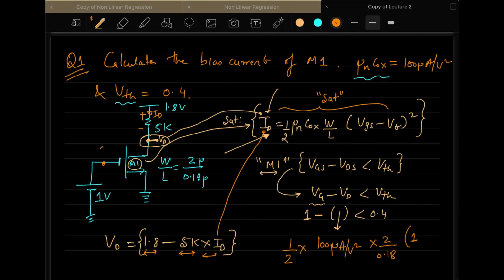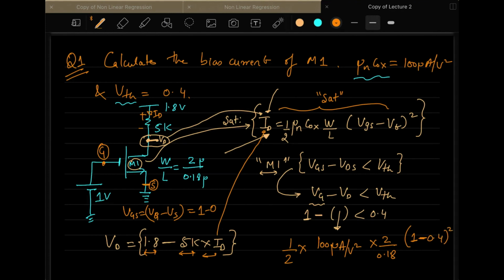Because the gate voltage is at 1 volt and the source voltage is at ground, and VGS is VG minus VS. So your VG is 1 volt, your VS is 0, so it's 1 volt, minus the threshold voltage, which is also given to you.